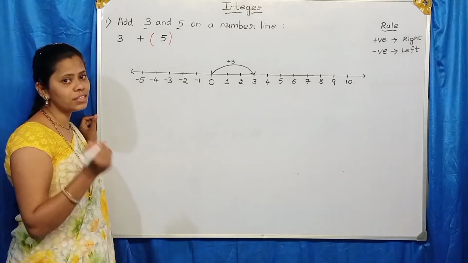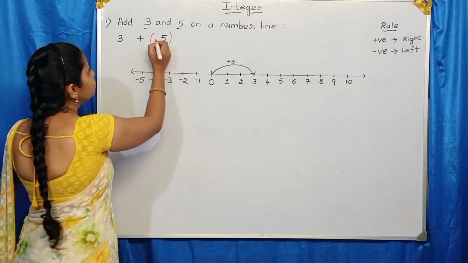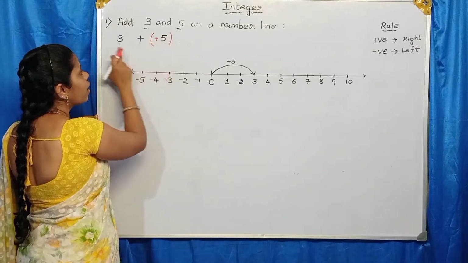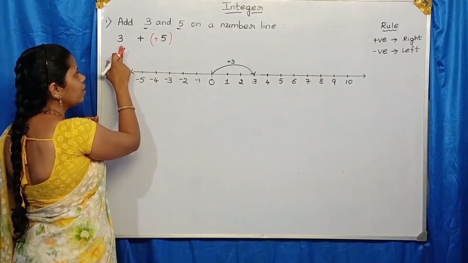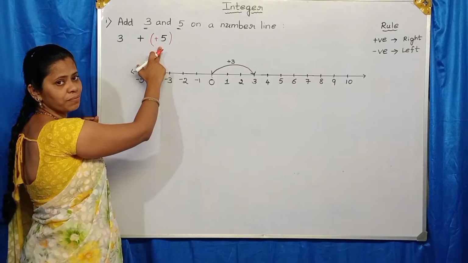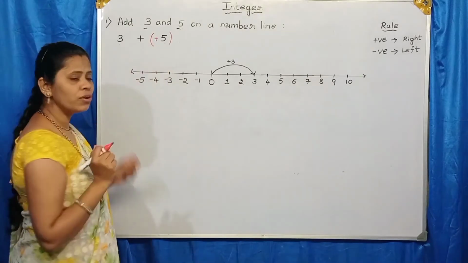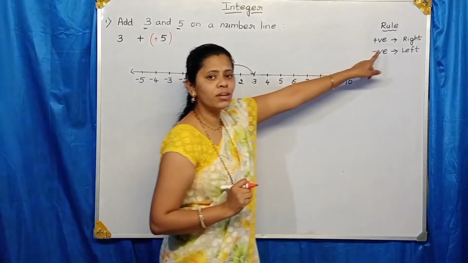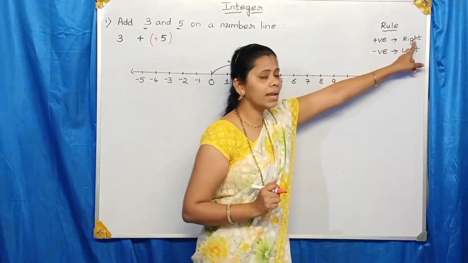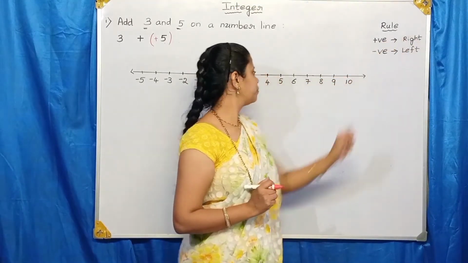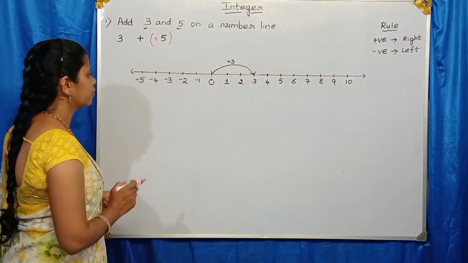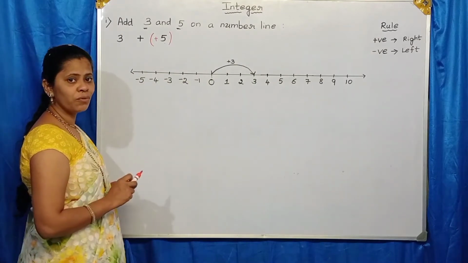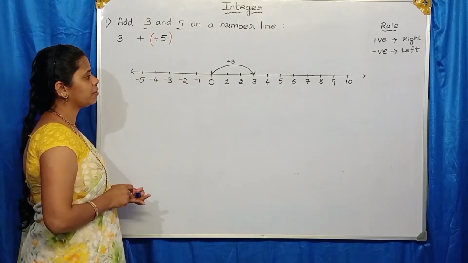It means it is positive only. So, plus 5. We are adding 3 and plus 5. So, what do we have to do? According to the rule, we have to move to the right on a number line. Okay? So, now let's move to the right.